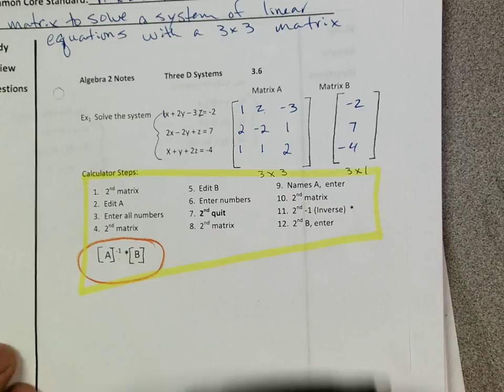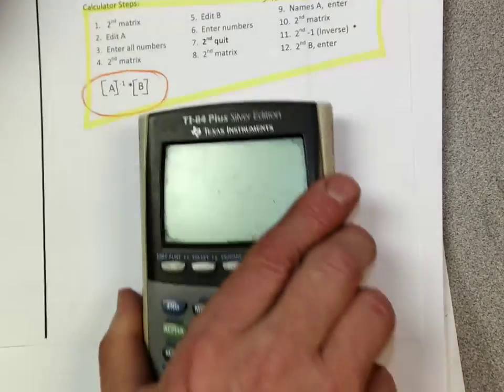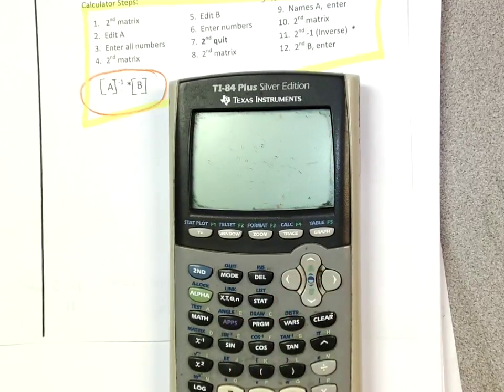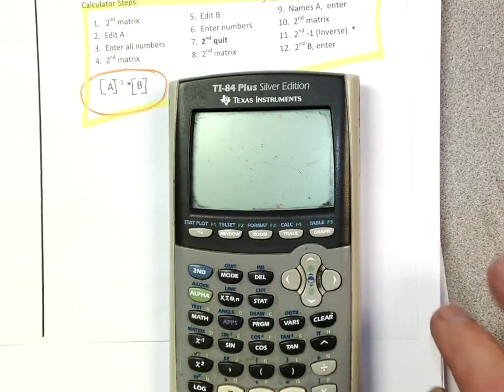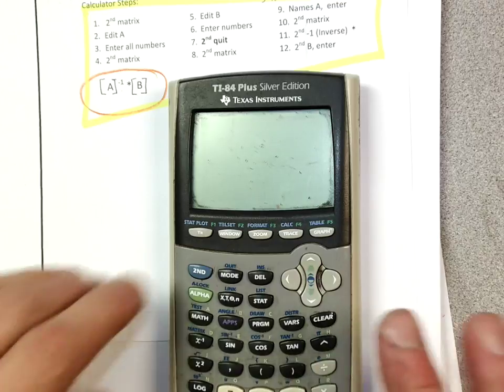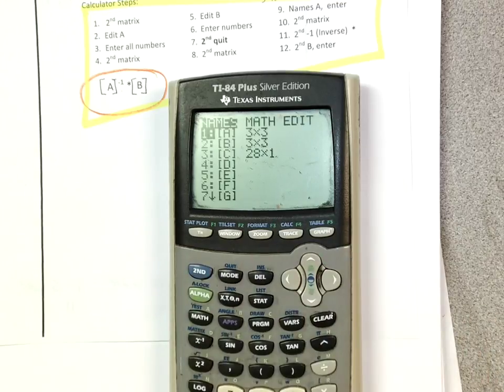So, right off the bat, what are the directions? It says second matrix. So where's my matrix button? Ah, right there. You guys see my matrix button? So I'm just going to go second matrix, okay?